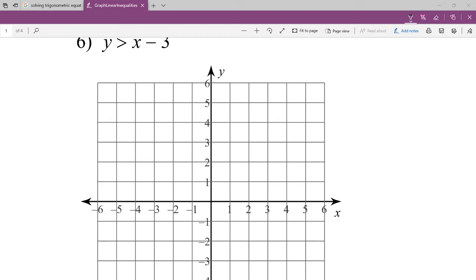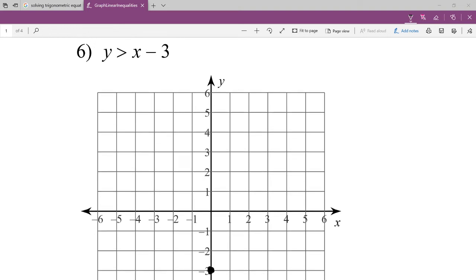So then the next one, we have y is greater than x minus 3. So what you do is you plot your y-intercept, and then you treat it like it is an equation.